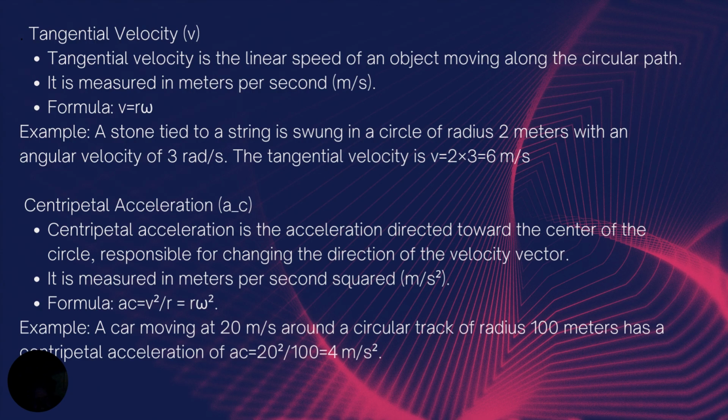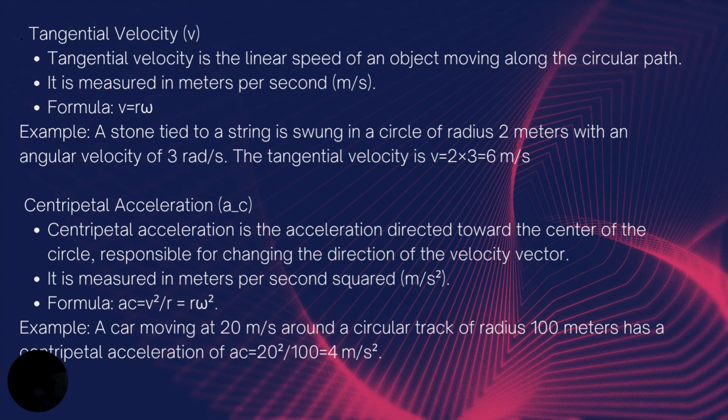So here again is the formula and an example. A stone tied to a string is swung in a circle of radius 2 meters with an angular velocity of 3 radians per second. The tangential velocity is what?